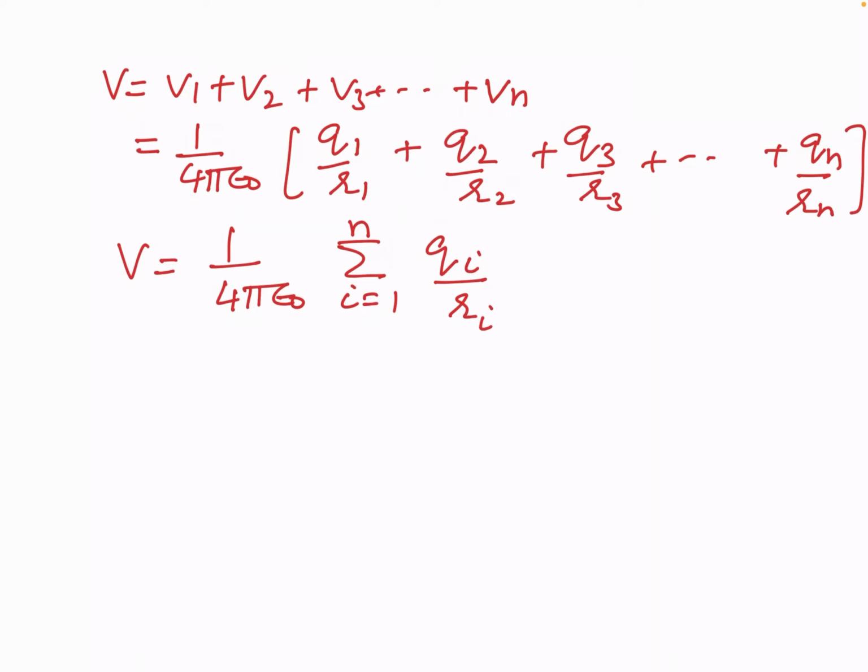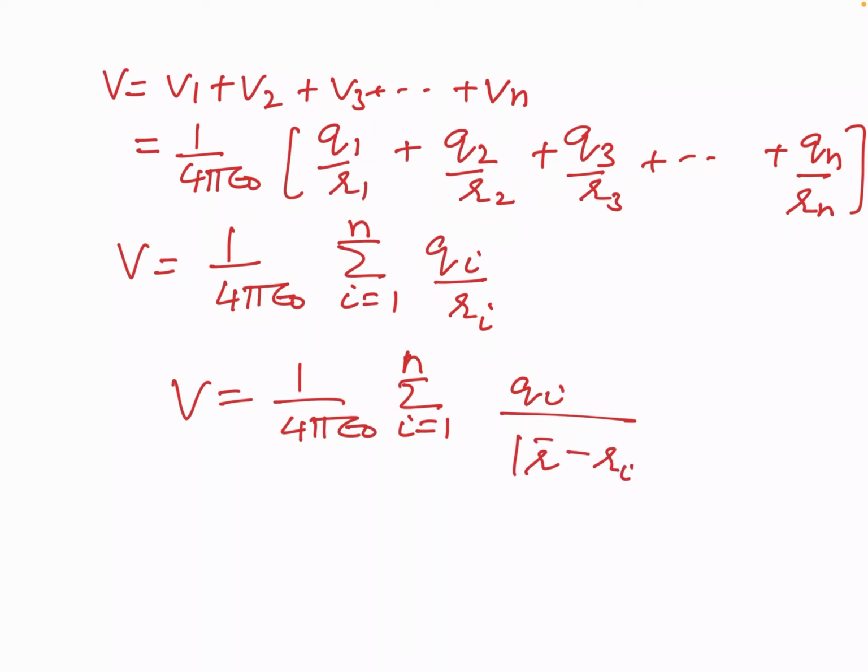So the electric potential at a point P whose position vector is R will be equal to 1 upon 4 pi epsilon sigma i is equal to 1 to n, Qi upon modulus of R minus Ri. This is the formula of electric potential due to a system of charges.